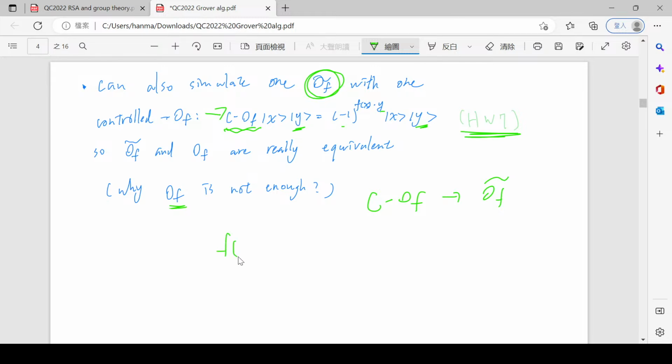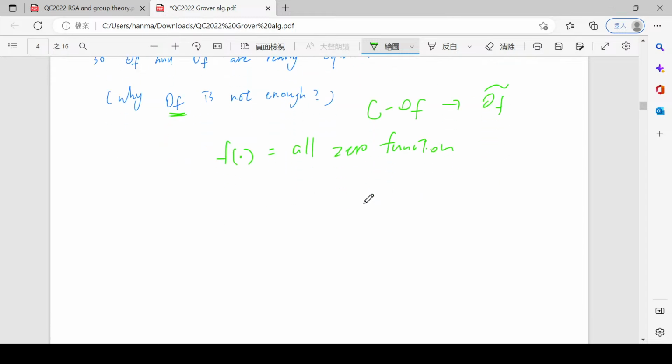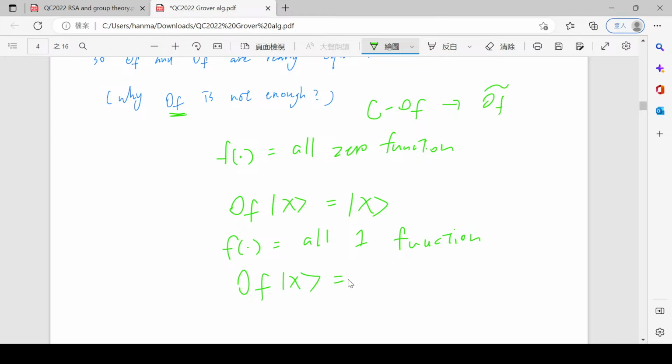So if f is the 0 function, then OF of x will equal x always, because nothing happens. But if f is the 1 function, then OF of x equals what? Anyway, OF of x equals -x, because they always give you a -1.